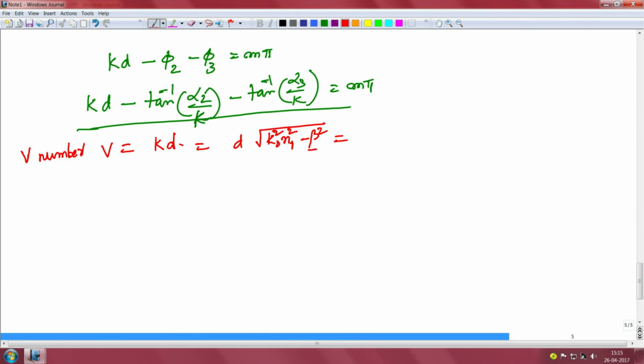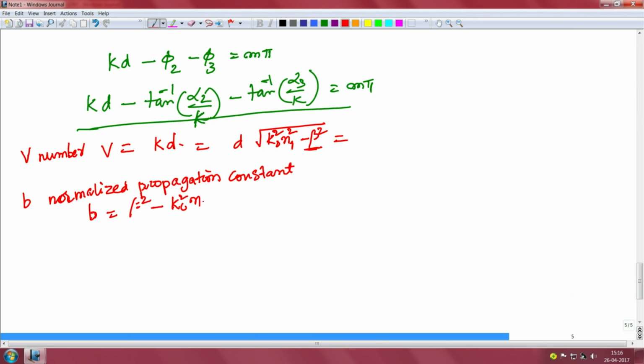And to represent beta, I will define a normalized propagation constant b as beta square minus k0 square n2 square, divided by k0 square n1 square minus n2 square. We will get to the logic of this definition in a minute.